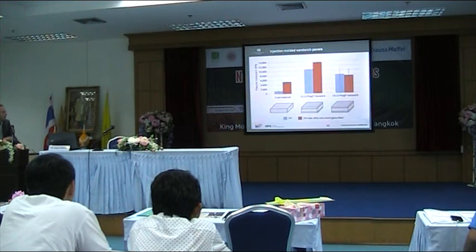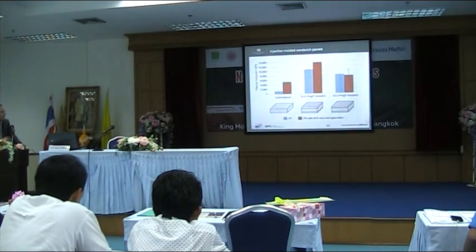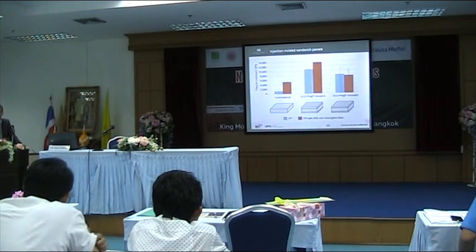With short fiber reinforcement in normal injection molding, you already reach around 5,000 megapascal. So you get a tripling compared to the pure material, but with the local reinforcement you get an additional increase, especially twice.